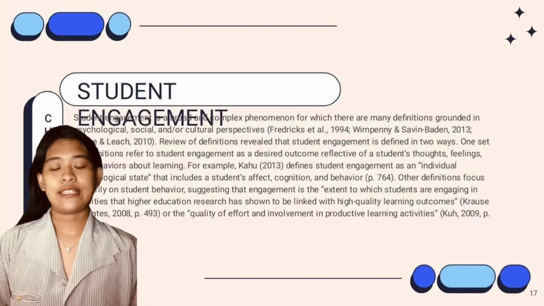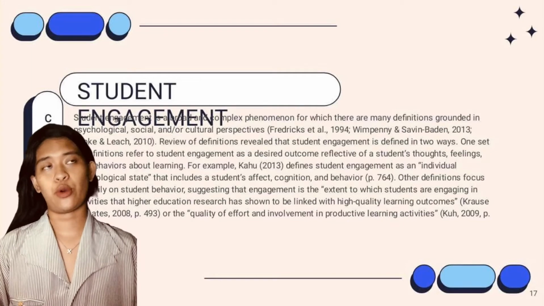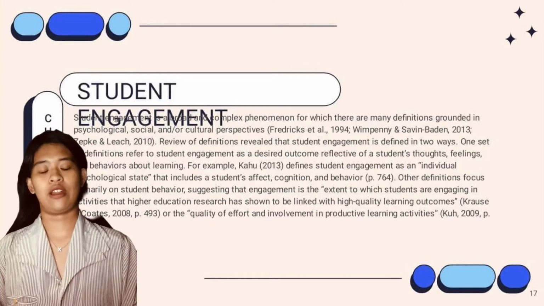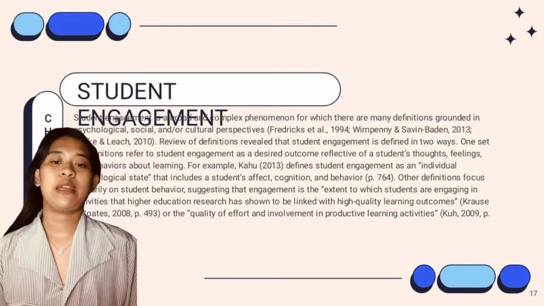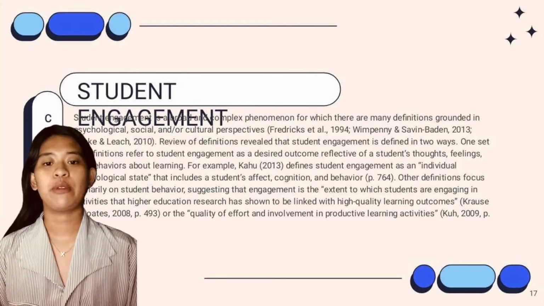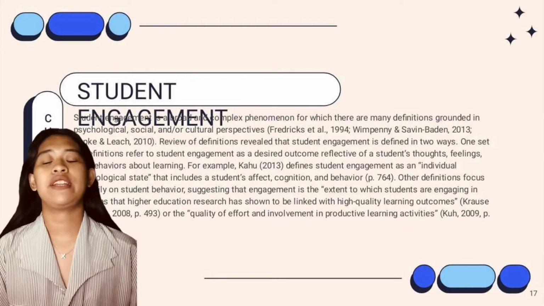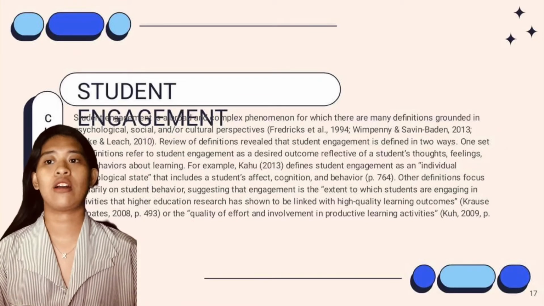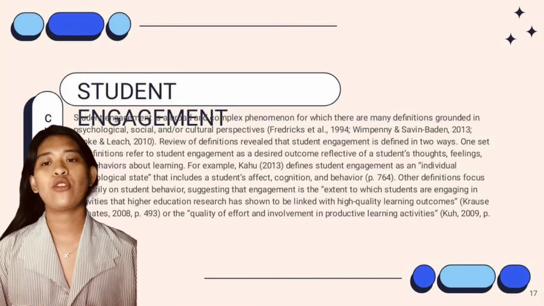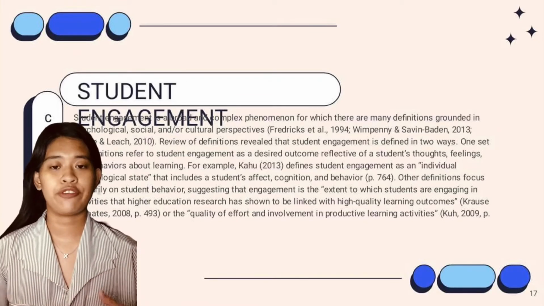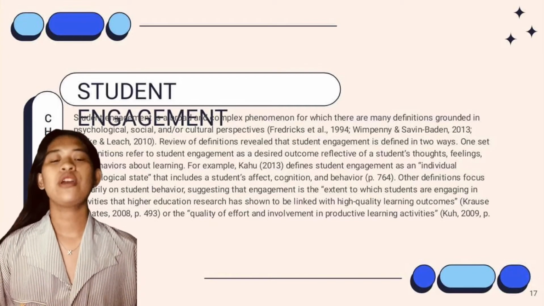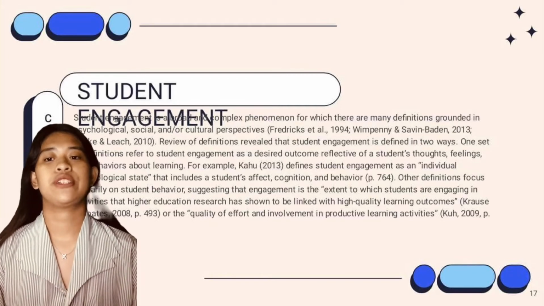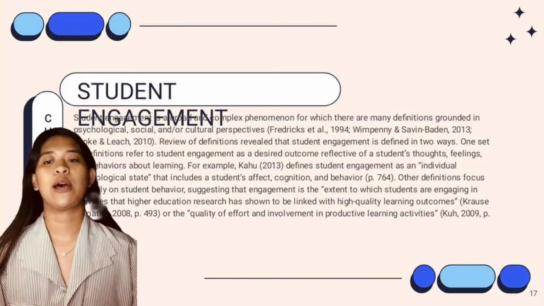One of the focuses of our research or our topic is student engagement. Student engagement is a broad and complex phenomenon for which there are many definitions grounded in psychological, social, and/or cultural perspectives, according to Fredricks 1994, Wimpenny and Savin-Baden 2013, Zepke and Leach 2010.